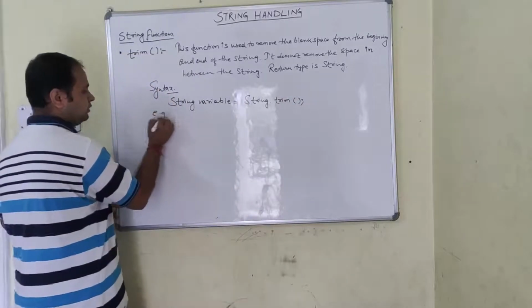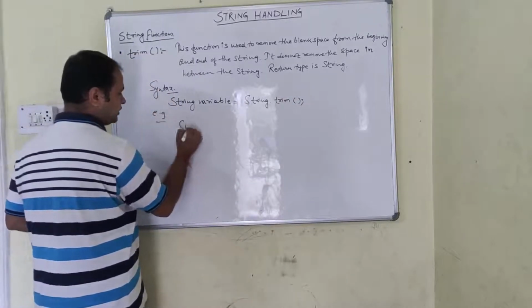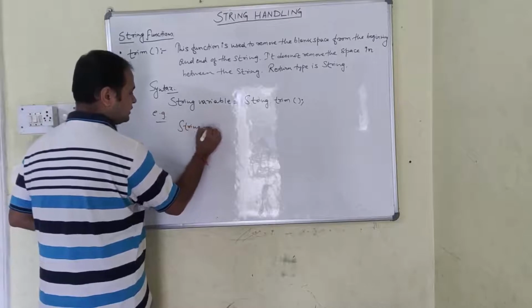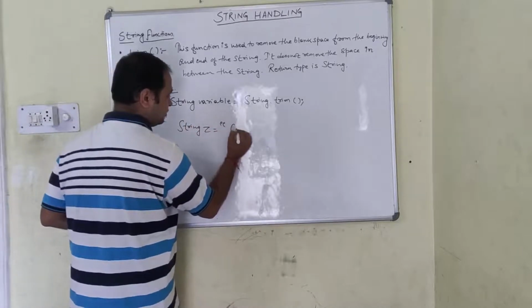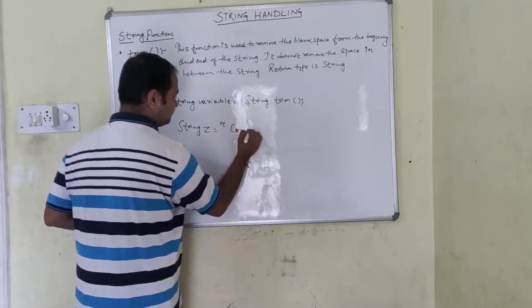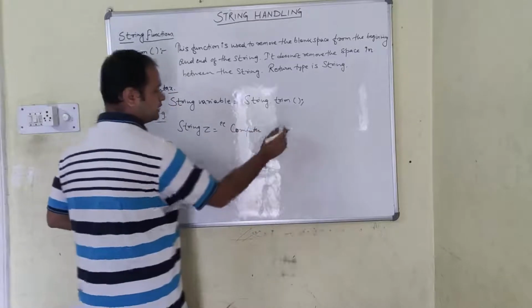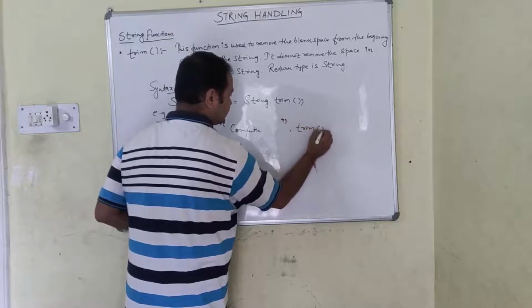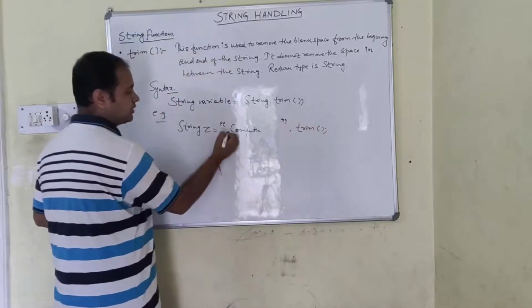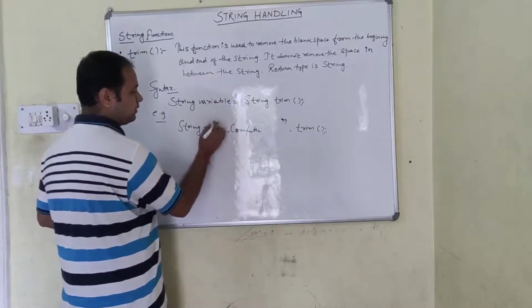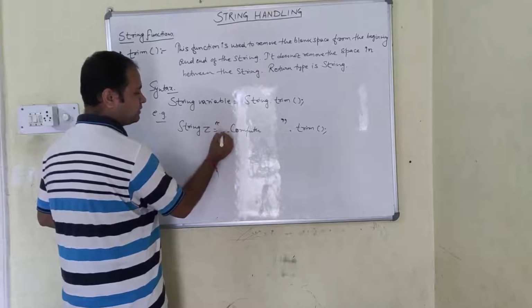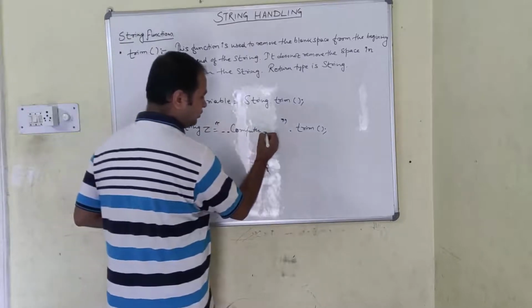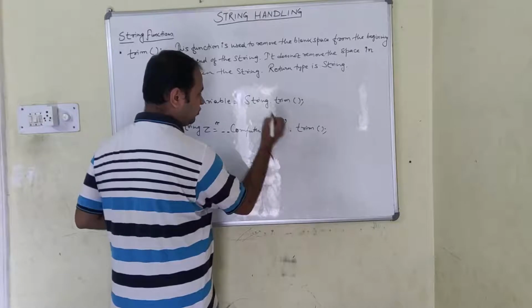For example, suppose I take string z equals computer, okay, and I put a space here and then I close the bracket here, dot trim. Then you will see that in between here also I am having the space. Here also I am having two spaces. Here I am having 1, 2, 3, 4 spaces.